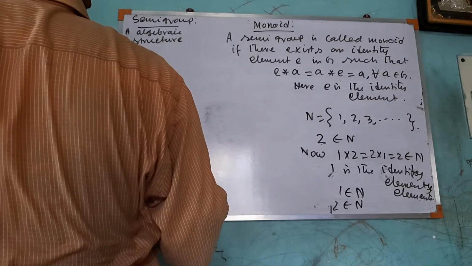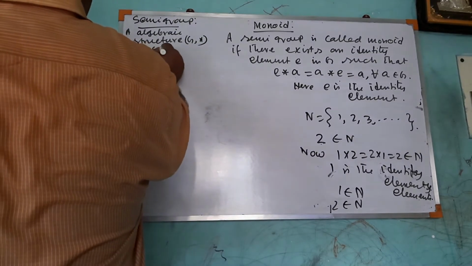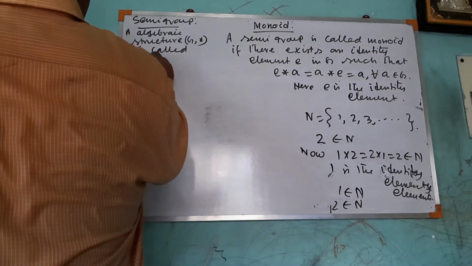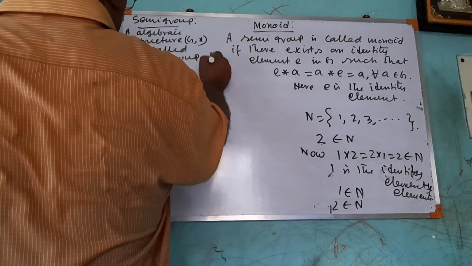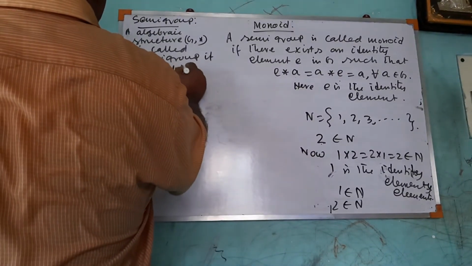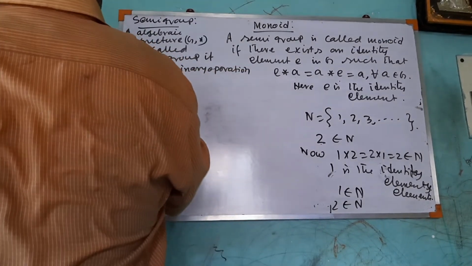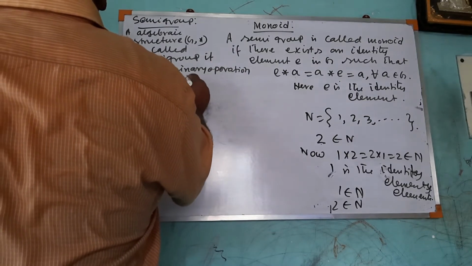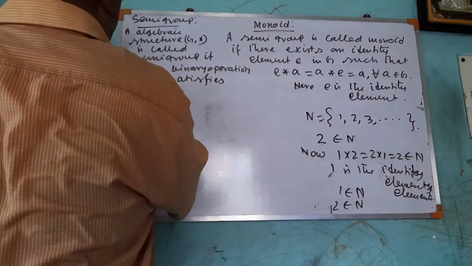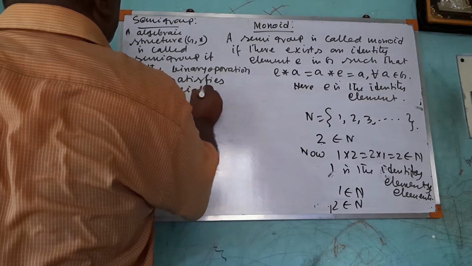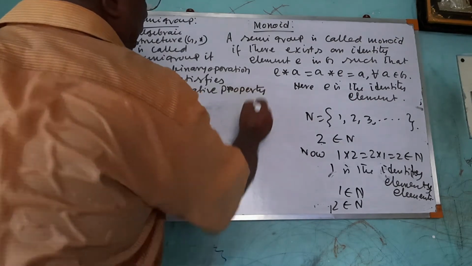An algebraic structure G star is called a semi-group if the binary operation star satisfies the associative property.